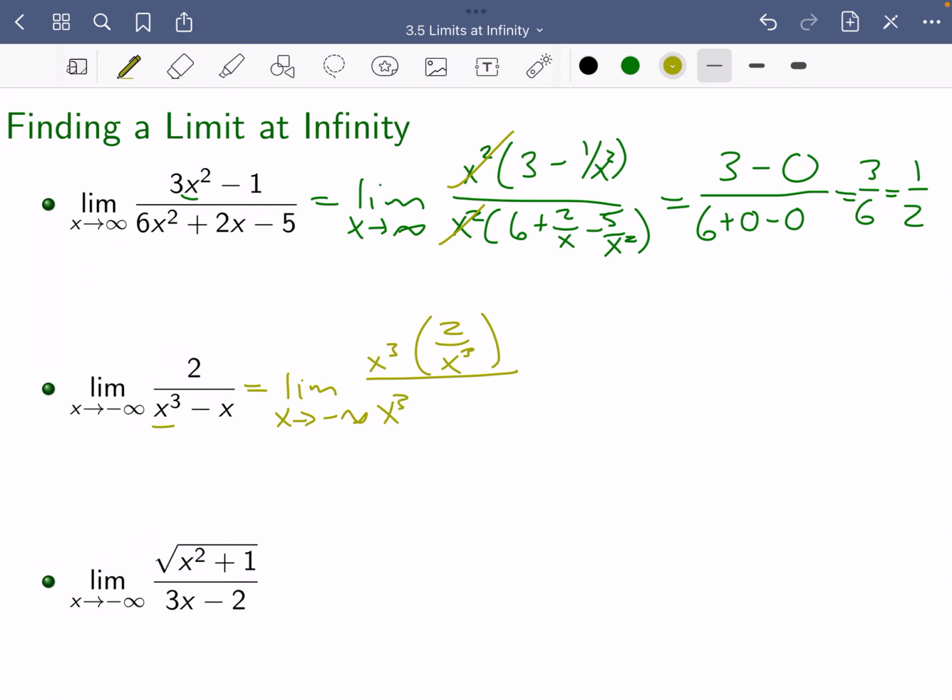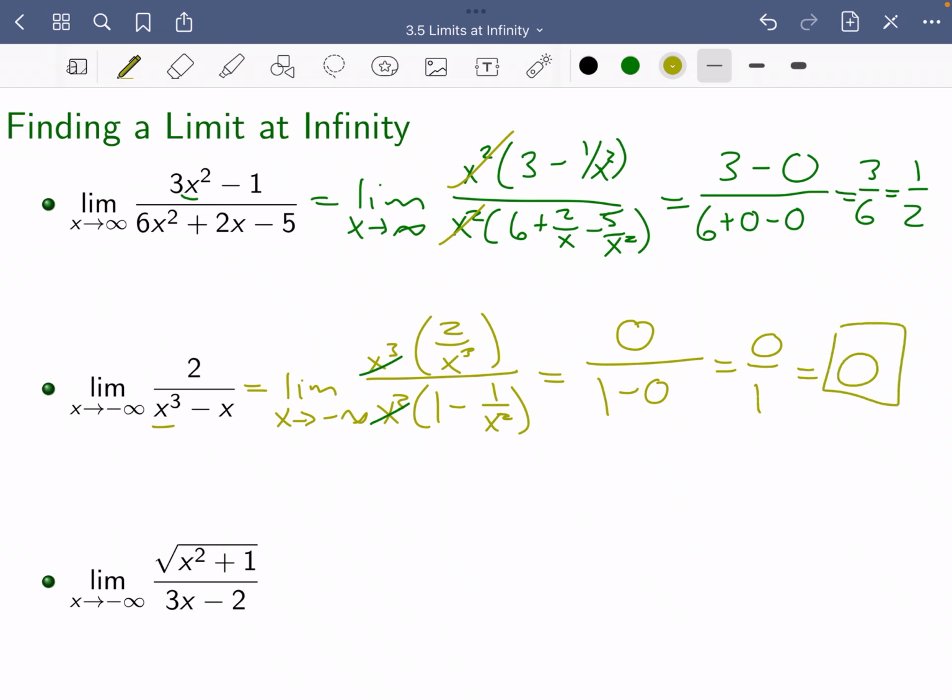The bottom will become 1 minus 1 over x squared. The x cubed terms cancel, and we get 0 over 1 minus 0, which is 0 over 1, which is 0. So we can evaluate our limit there as well.